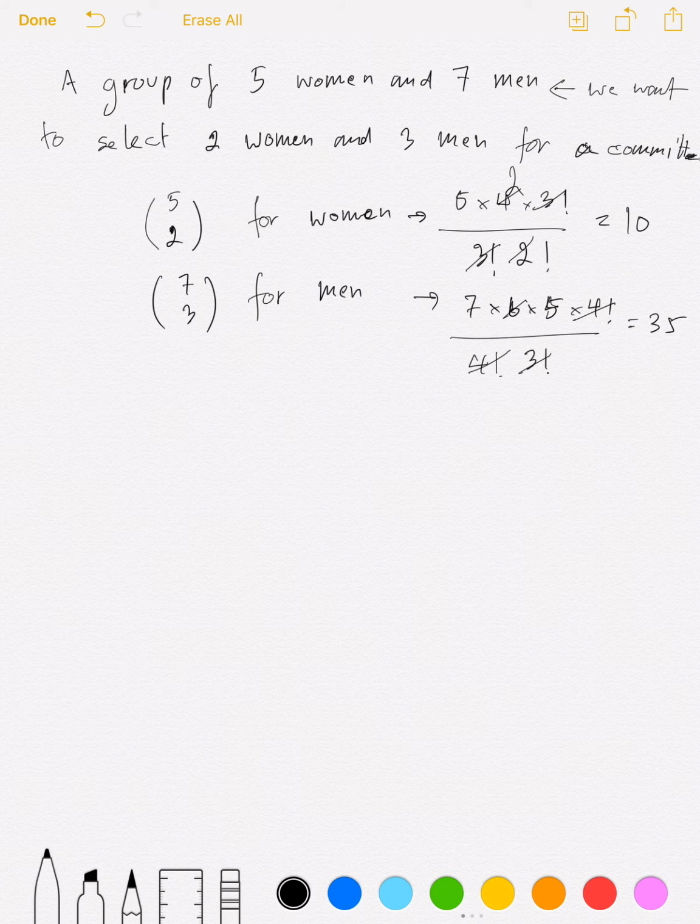So the total is 10 times 35, equal to 350 ways to do it.